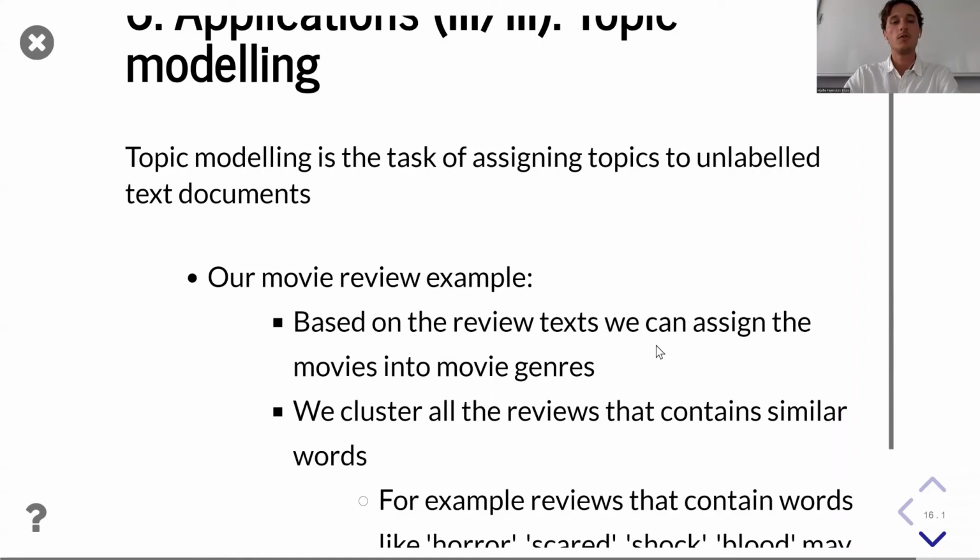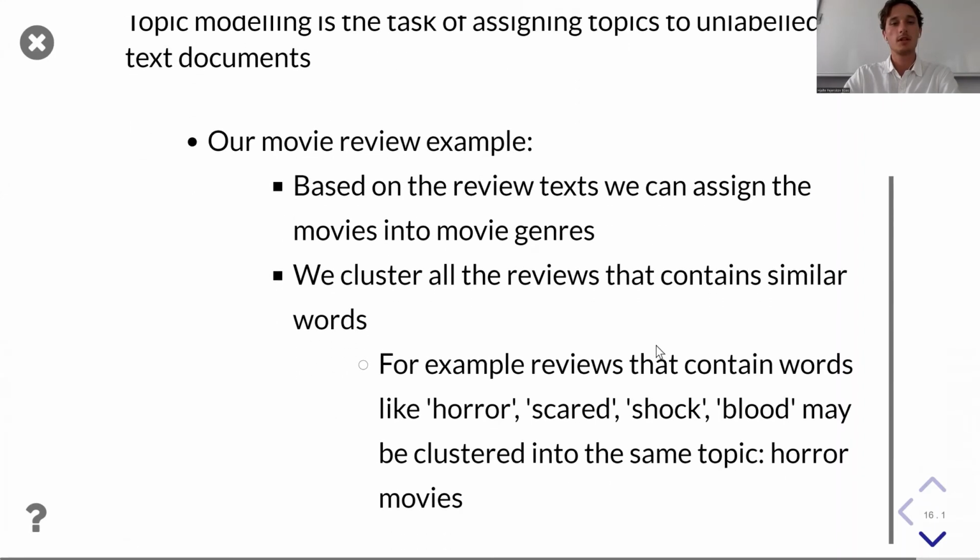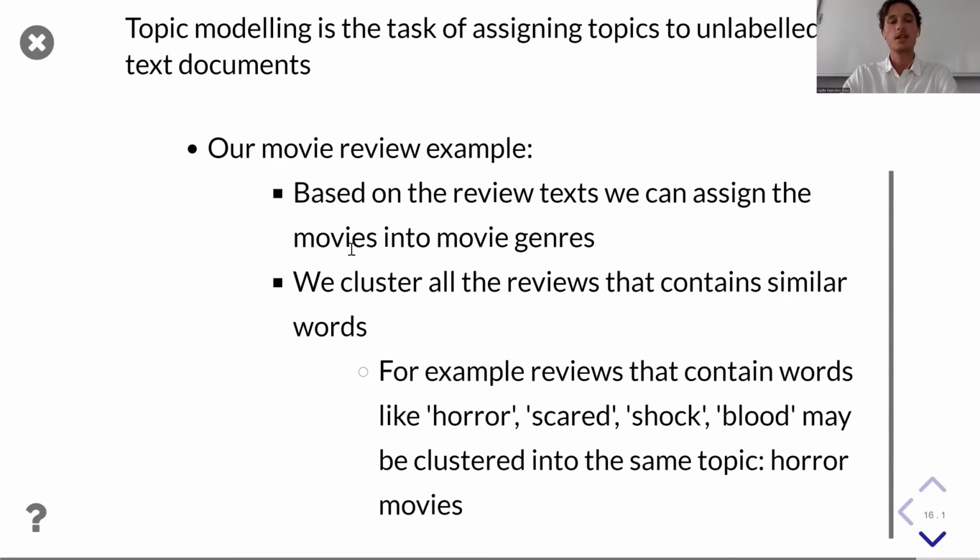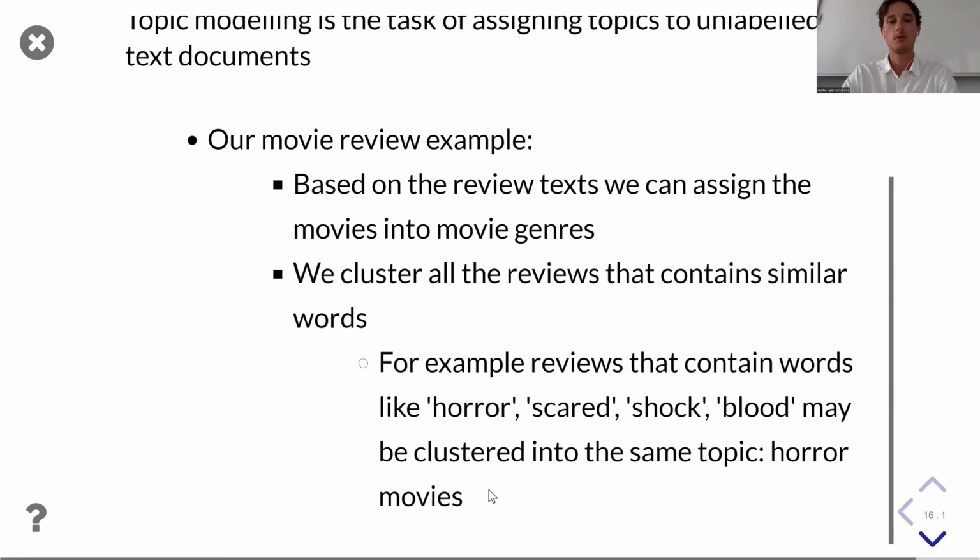So in our movie review example, we can assign the movies into movie genres only based on the review. What we do is we cluster all the reviews that contain similar words. For example, reviews that contain words like horror, scared, shock, blood. They may be clustered into the same topic, which might be horror movies.